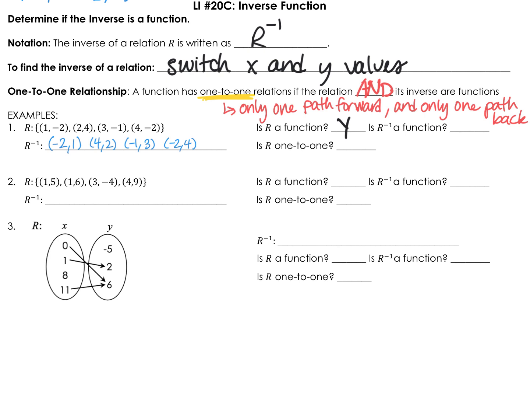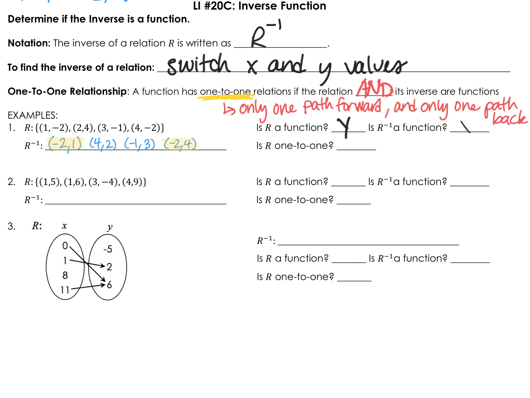Now we're asking, is that a function? No. Who's the problem? -2. I will highlight it. -2 goes to 1, and -2 goes to 4. So the original was a function, but the inverse is not.